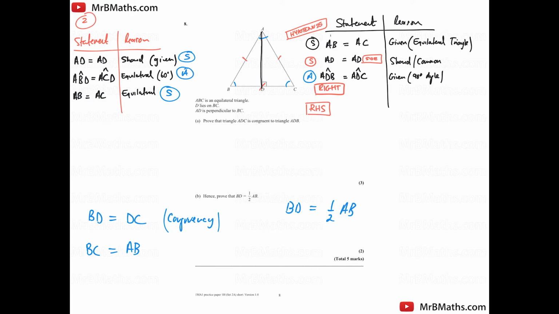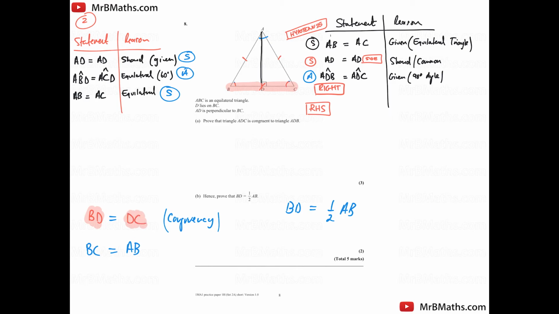So our main proof was up in question A, and what we need to do here is finalize it. So let me just run through this again. We've said, and I'll try and highlight the area, that BD, so this length here, is equal to DC. And we proved that from the congruency above. Remember, it means they can fit on top of each other, congruency. So BD equals DC.